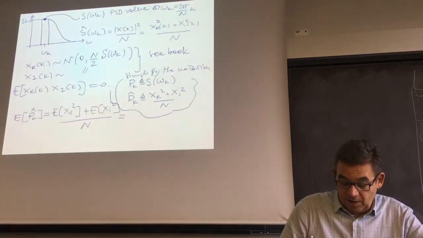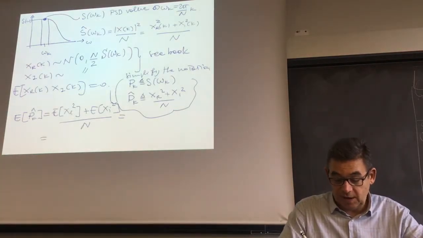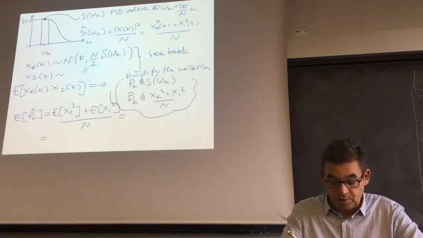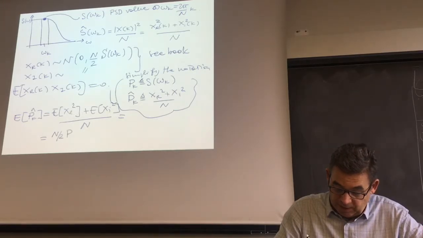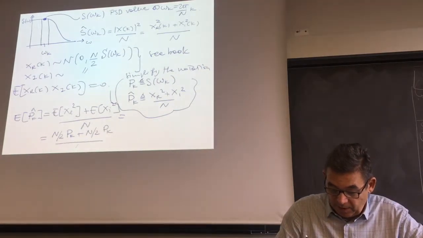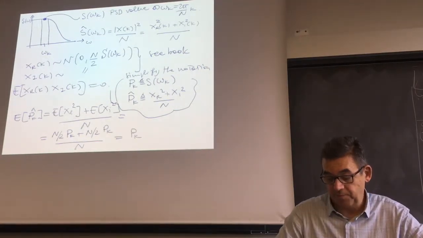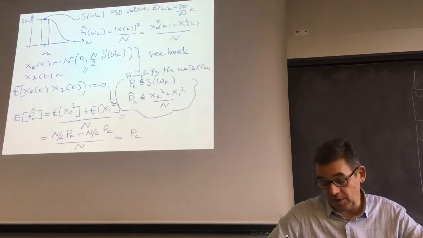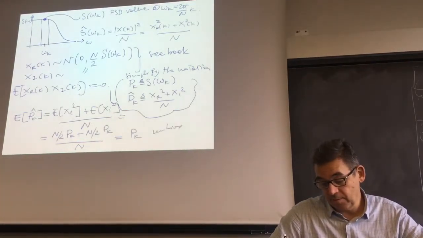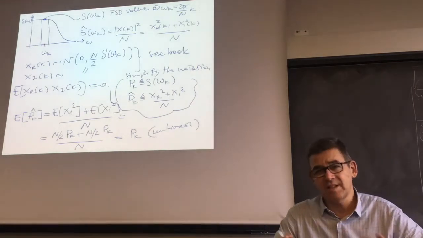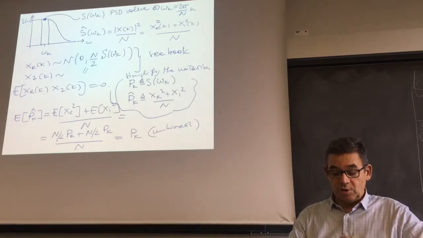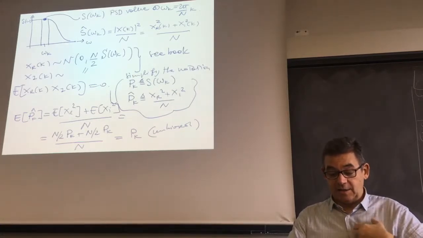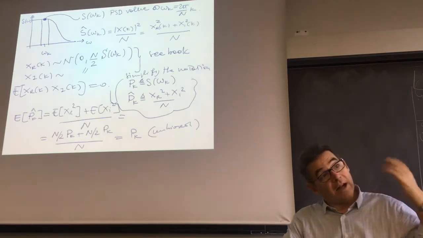Taking it from the definition above, this is n divided by 2 times p k plus n divided by 2 times p k, everything divided by n. This makes p k. So we say that the estimator is unbiased. We know that already, but let's look at it in a slightly different way. What I want to prove now is, I take this definition and then I calculate the variance.